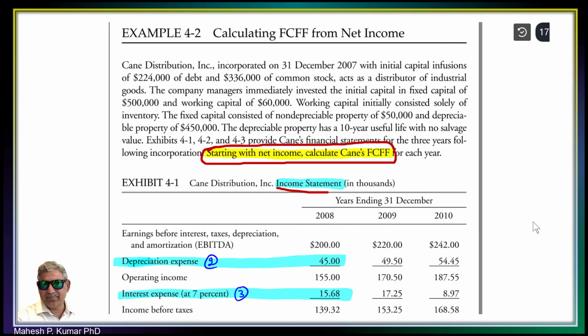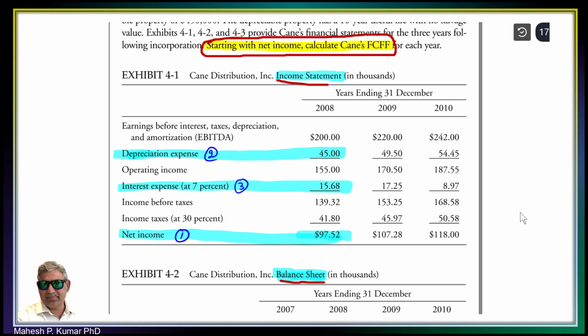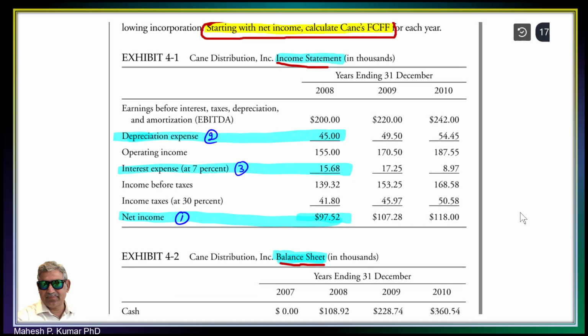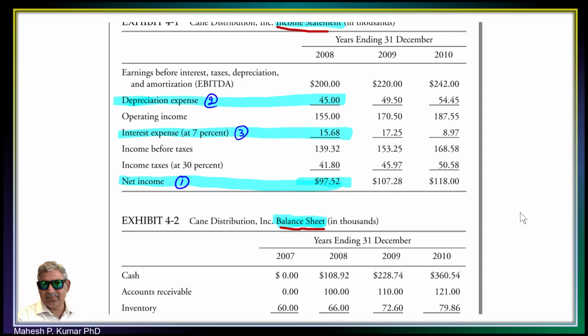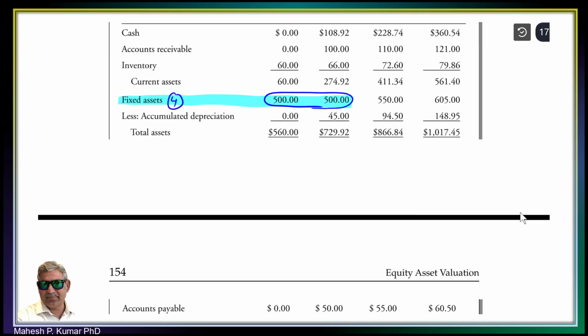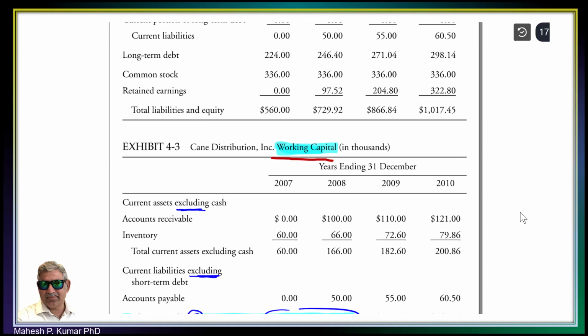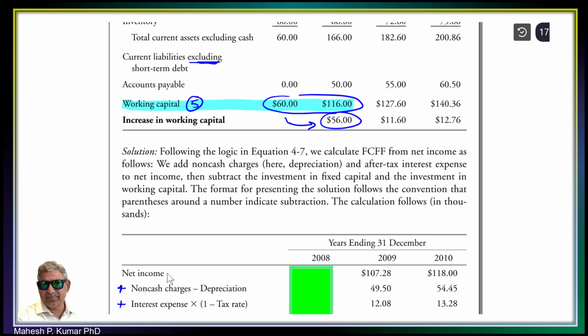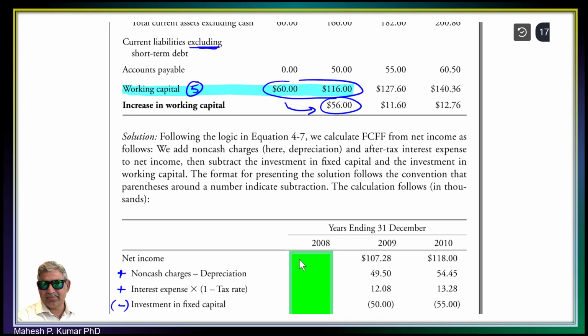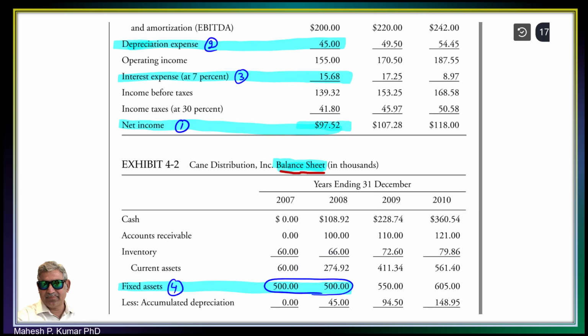In order to understand the calculation part of it, let us go through this scenario for this company, Gain Distribution, where we have the income statement, balance sheet as well as working capital schedule. So let us start with net income. This number would be available from the income statement, and this number is actually 97.52.